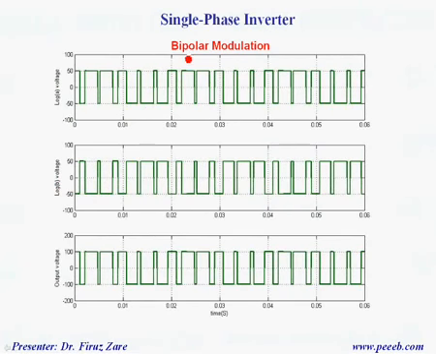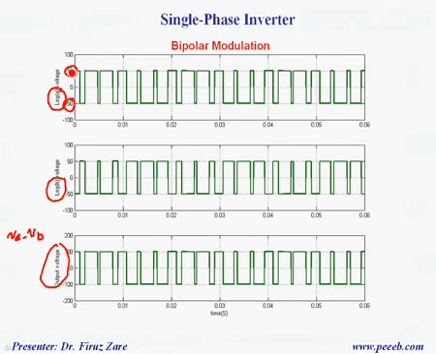So let's look at the output voltage when we increase the switching frequency. This is the voltage of leg A with respect to midpoint. The output voltage sometimes is positive 50 and negative 50. Leg B is also changing with respect to the neutral point. And the output voltage here is VA minus VB.